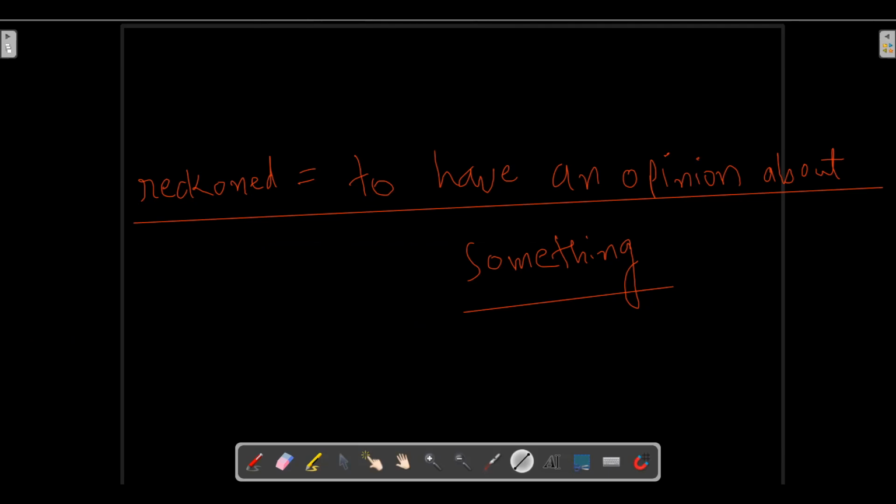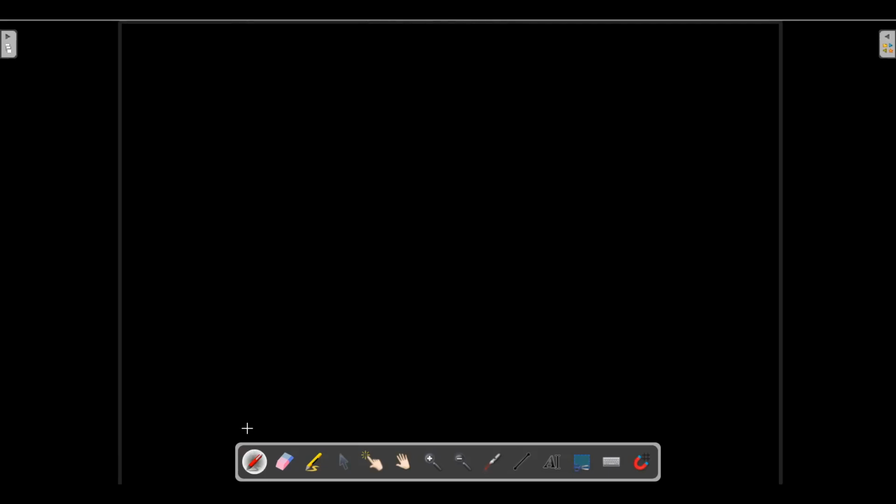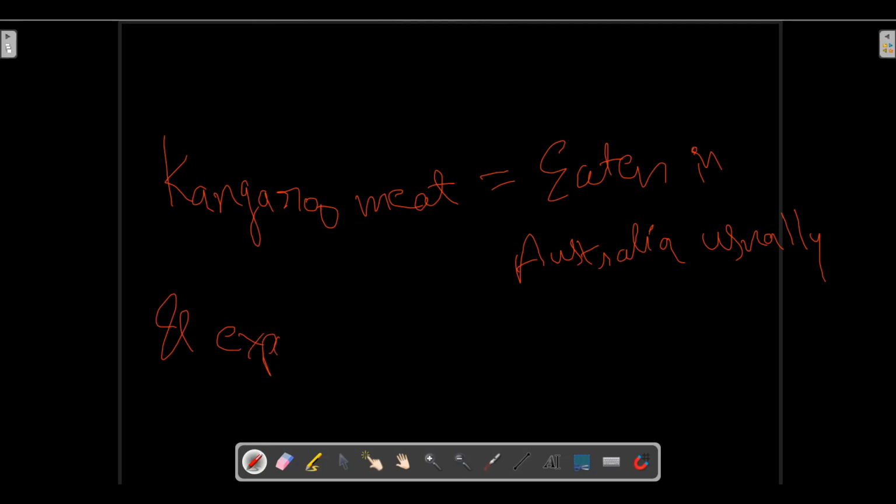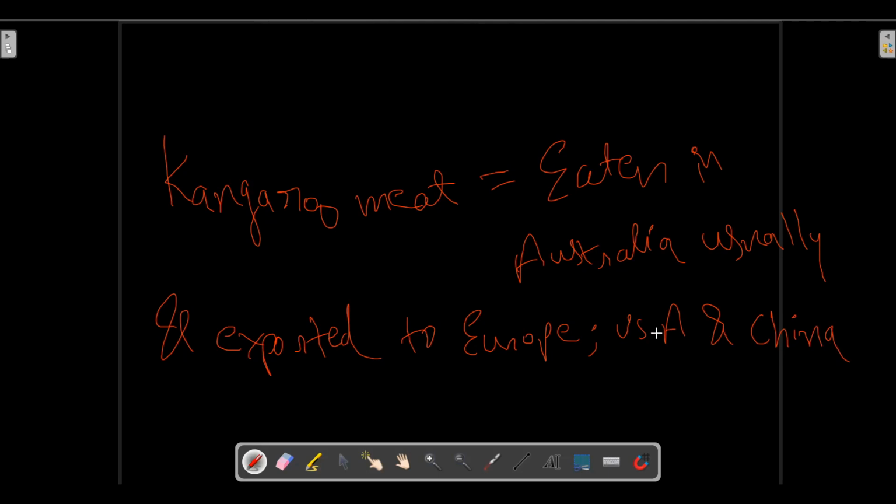Now this kangaroo meat is not common in India. Kangaroo meat is eaten in Australia usually, and it is exported to Europe, USA, and China.